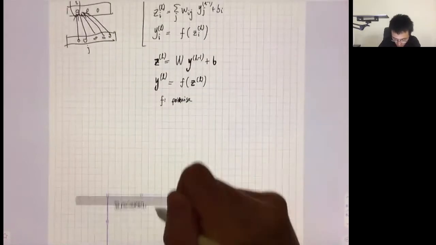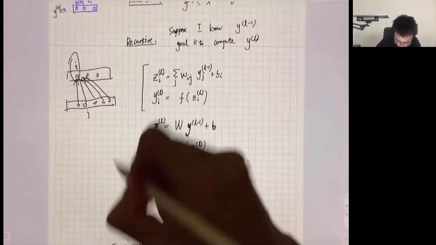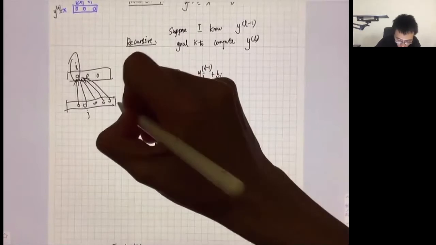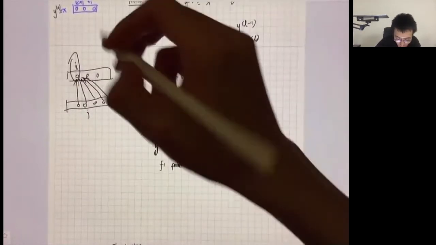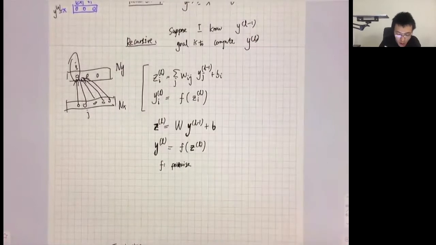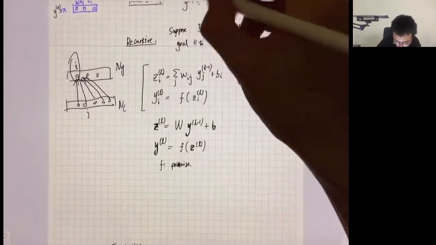Then let's do a quick exercise on the dimensions. I assume that there are nx units in the lower layer and ny units in the upper layer. How about I call it n lower layer and n upper layer?